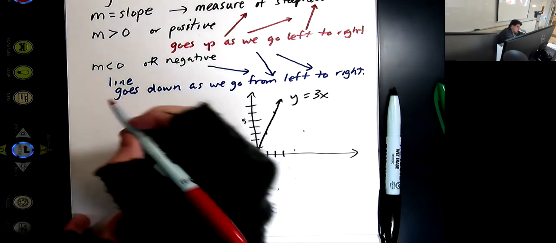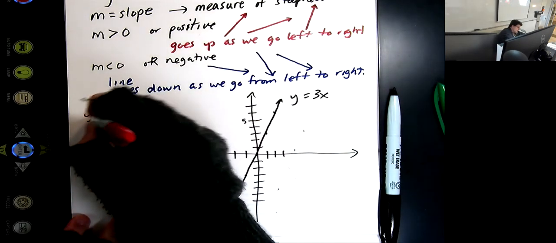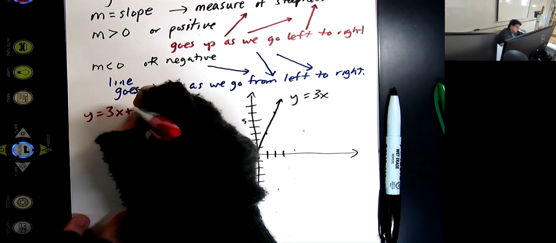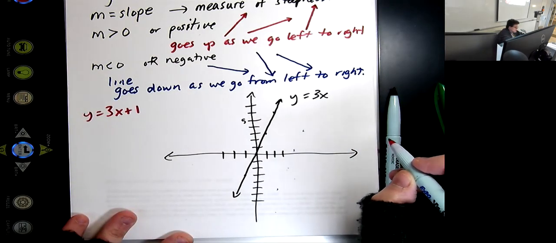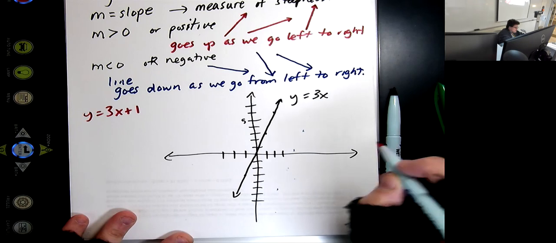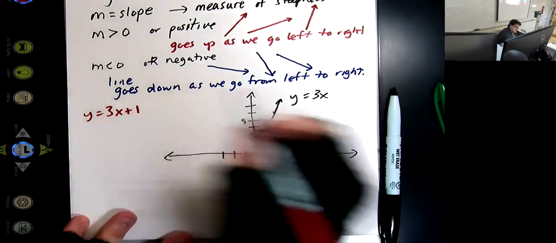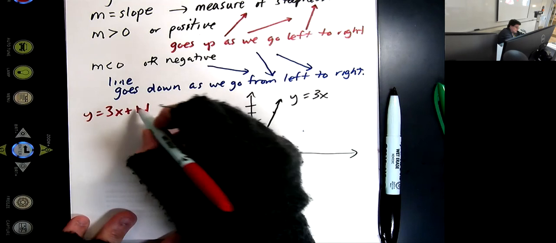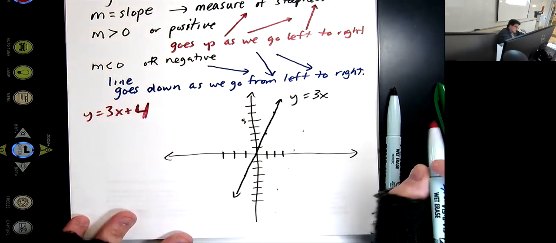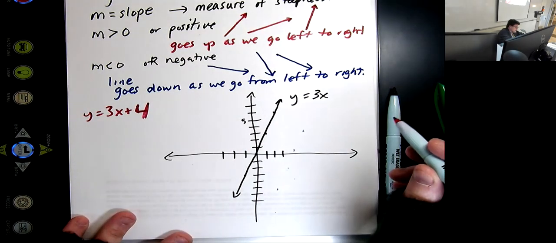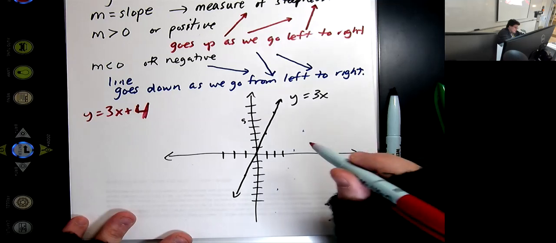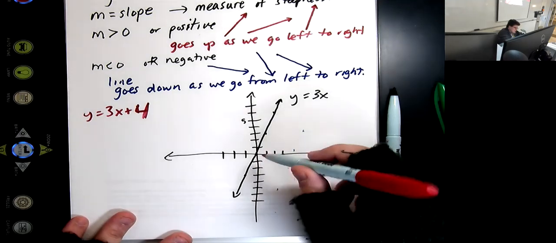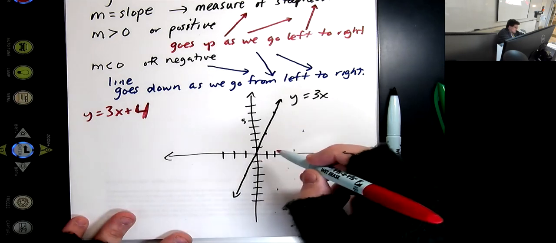If I do something like y equals 3x plus 1. Let's make it 4 because it's a little bit easier to draw on it. I can find where it crosses an intercept pretty easy.